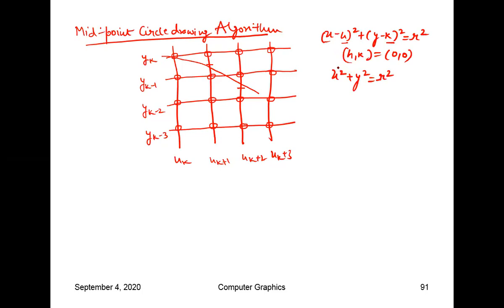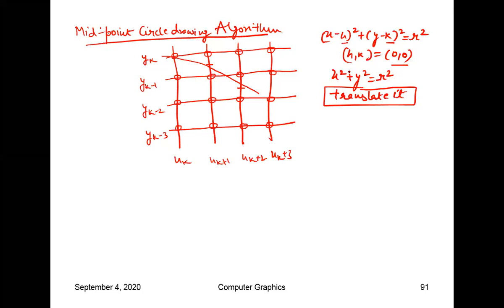So I'm supposing that we'll be drawing the circle on the origin. Later, if we want to draw it with some other center point, like 5, 6 or 3, 4, any other except 0, 0, then we can translate it. We'll see how we can translate it. But before that, how can we draw this circle at the origin 0, 0? This is the main question.